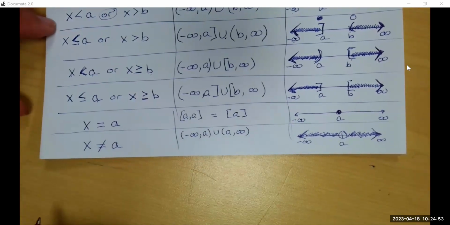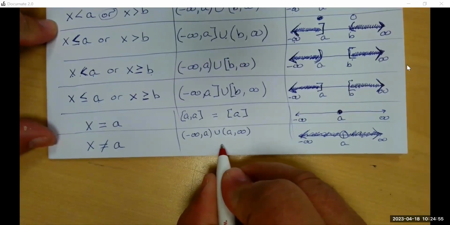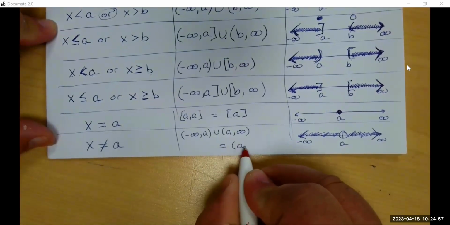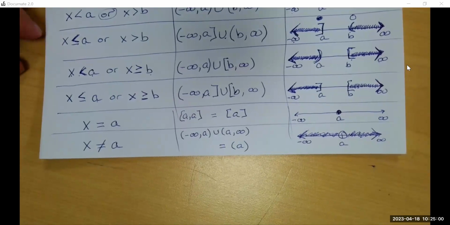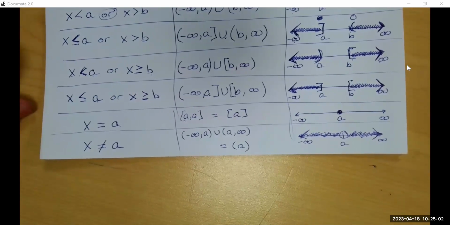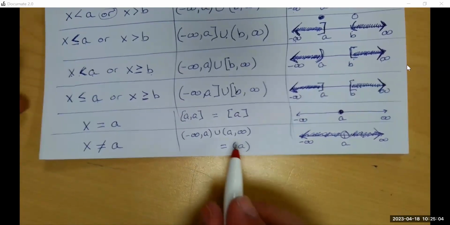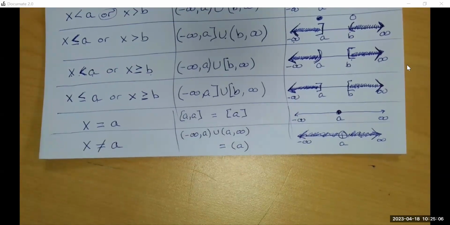What's a faster way we can write it? That one says I cannot use A. I can use any other number, but I cannot use A.